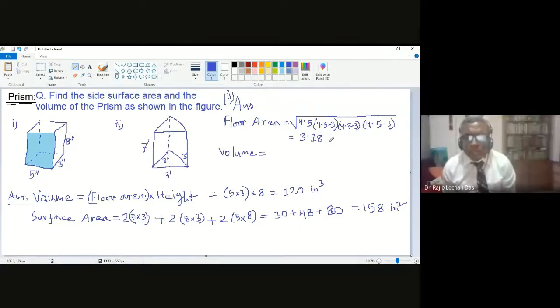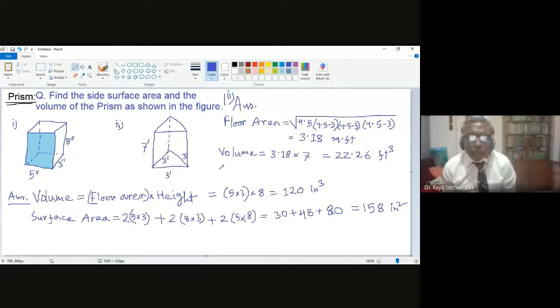Volume will be square foot, and volume will be 3.18 square foot into 7 foot. So altogether it will be 22.26 foot cube or cubic feet.